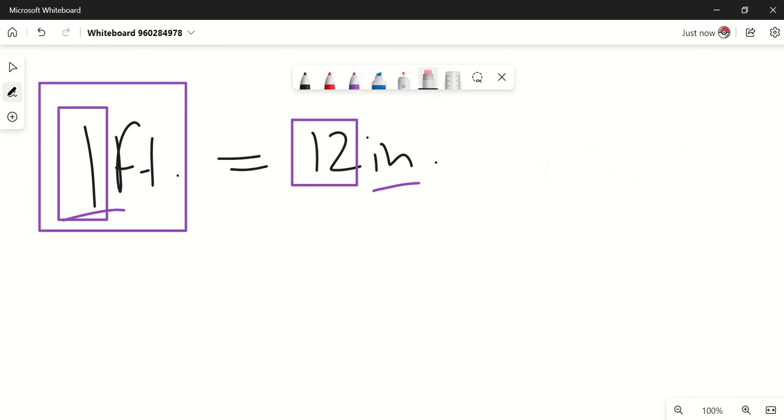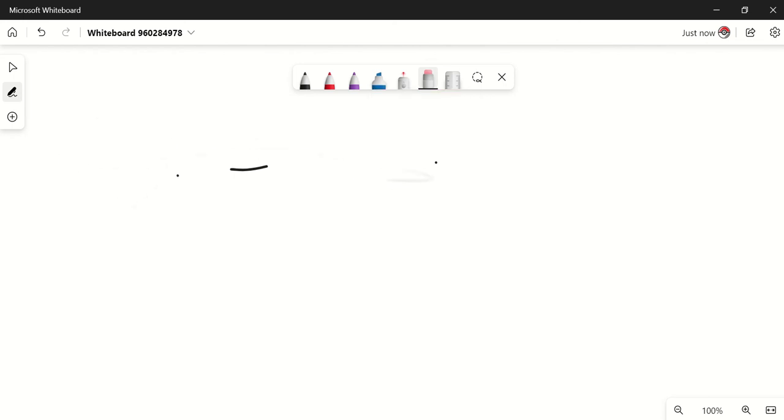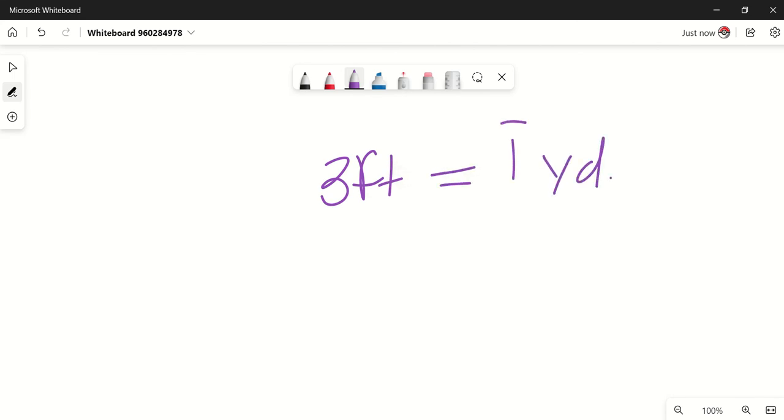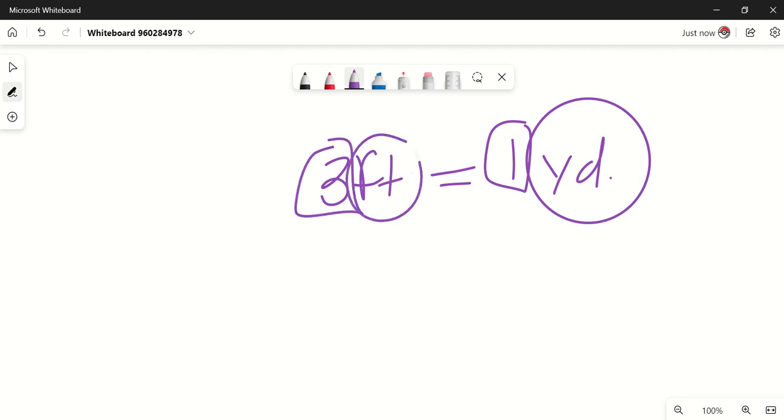You need more of those to make up the bigger measurement. Then it takes 3 feet to make up 1 yard. Smaller number, bigger measurement. Bigger number, smaller measurement. Yards are bigger than feet, and so on.